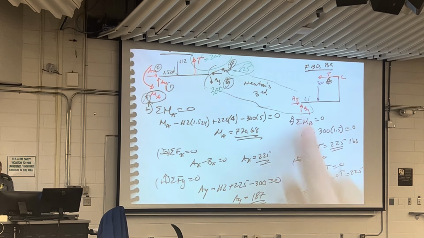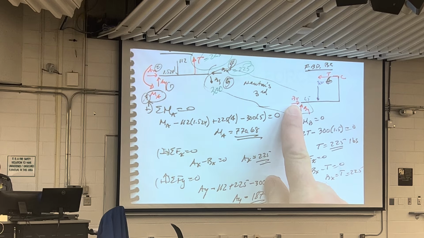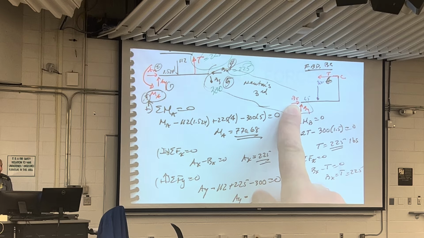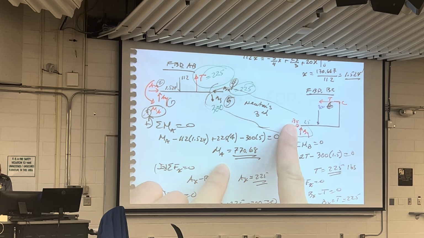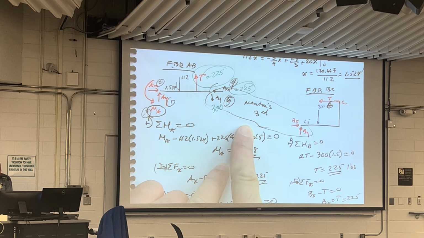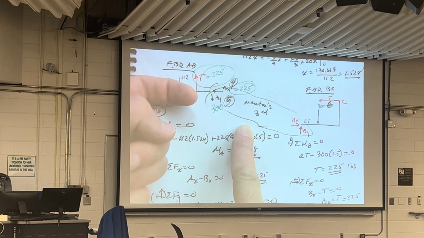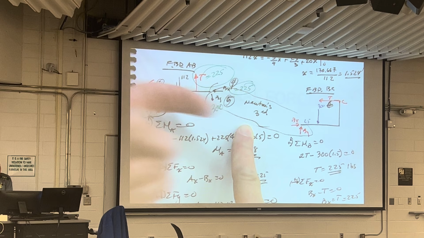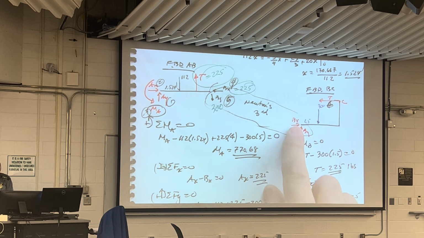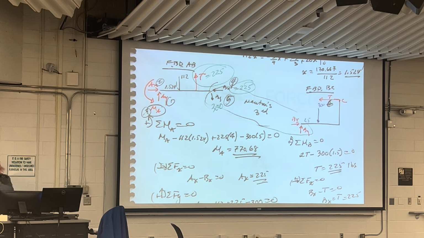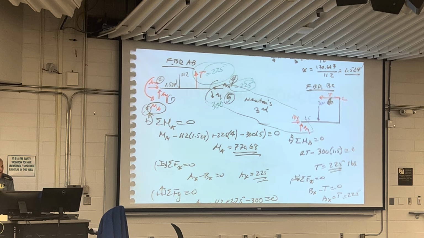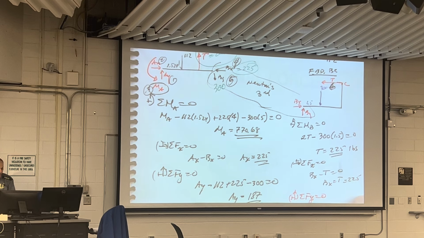So let's say I get a negative BX. BX is negative 225. Well, that tells me that this arrow is to the left, which means this arrow should be to the right. I don't touch them. If this comes out negative, I just carry the negative with me over here. That, in essence, is flipping. It's already automatically flipping when you carry the negative.